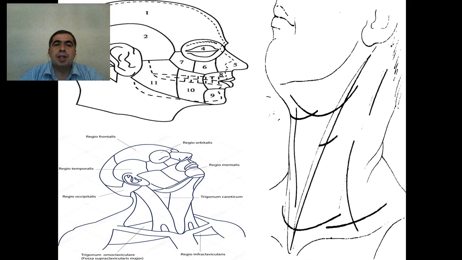Here's the division of the head into the regions: regio temporalis, frontalis, orbitalis, mentalis, and so on. We cannot separate them in any way. All these regions have conditional or natural limiting lines.